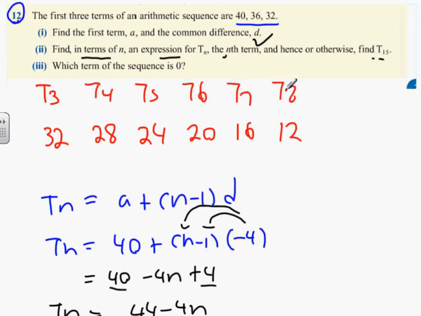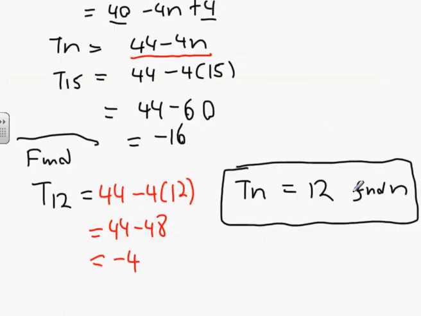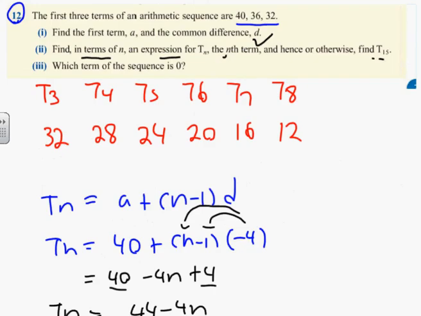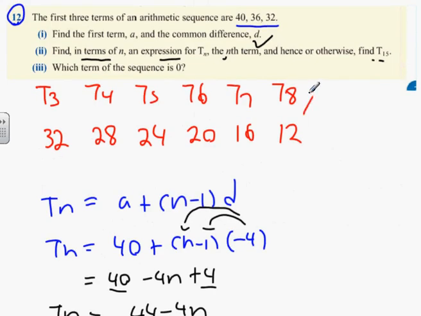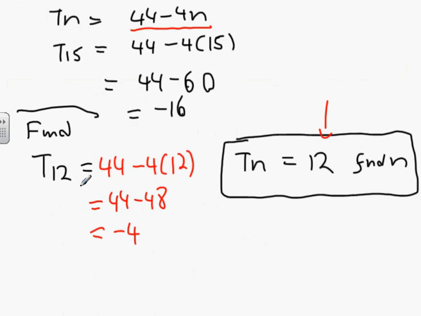So this question is asking you which term turns into a 12, and we know the answer is going to be T8, or n equals 8. However, the other answer was how much is the 12th term actually worth?